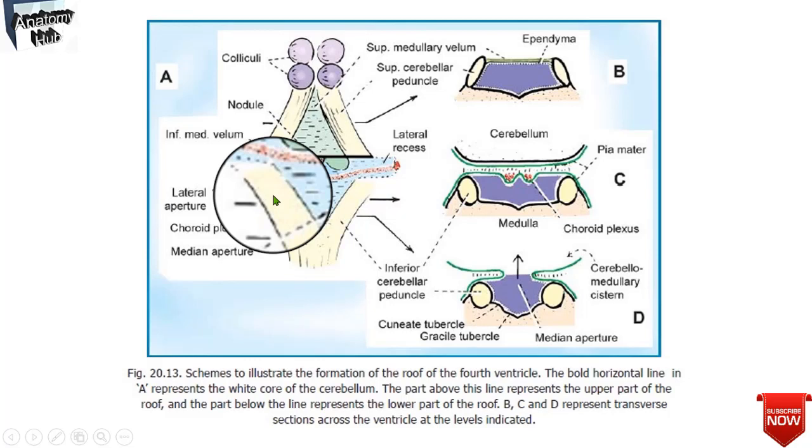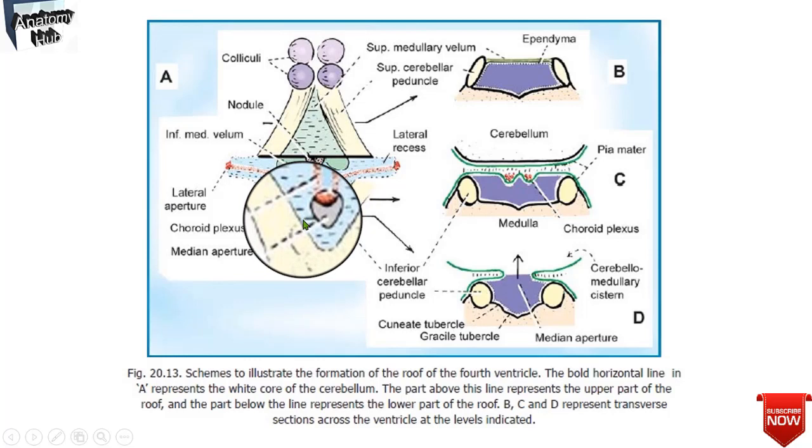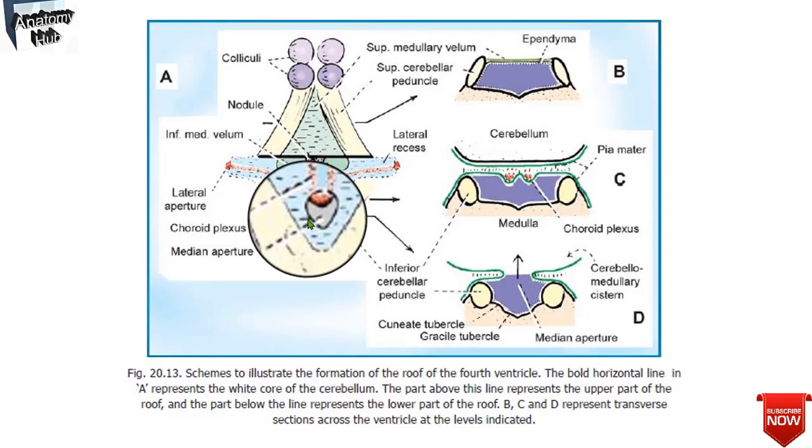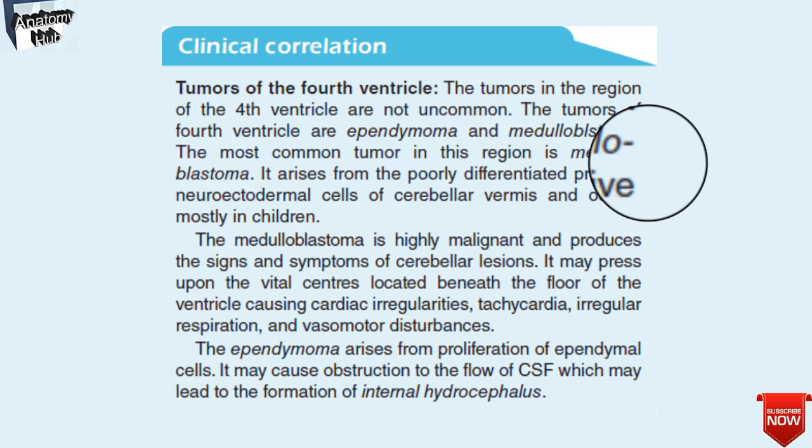The area postrema is believed to be the site of the vomiting center, and tumors are most commonly found at the area postrema and near the roof of the fourth ventricle. You will find that the medulla and the tonsil of the cerebellum come to lie in the vertebral canal, and the aperture in the roof of the fourth ventricle can be blocked, leading to obstruction to the flow of cerebrospinal fluid and internal hydrocephalus.